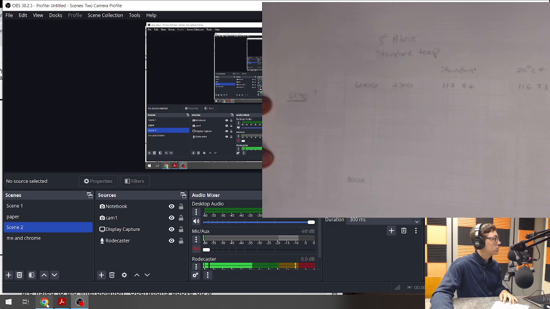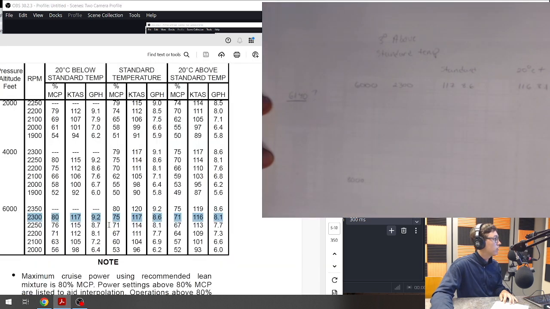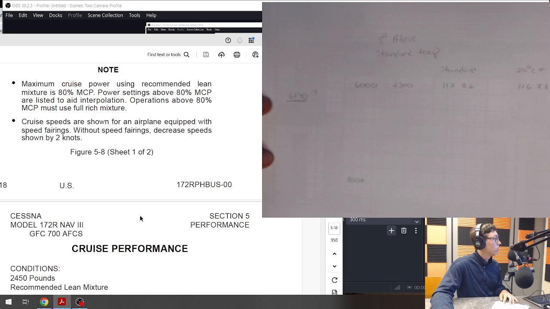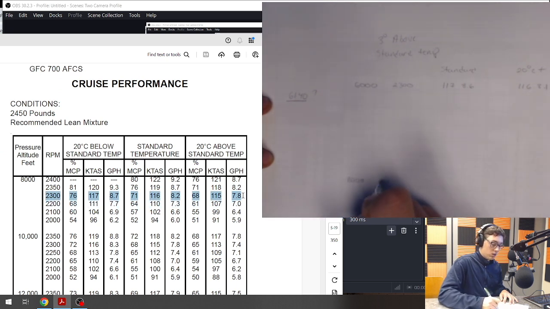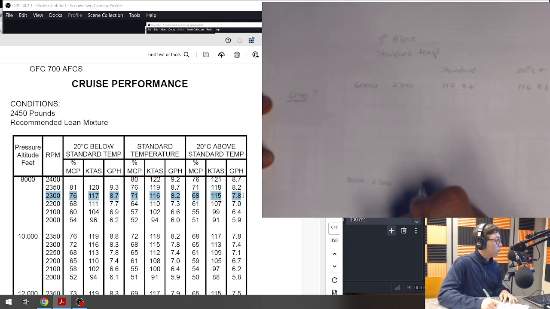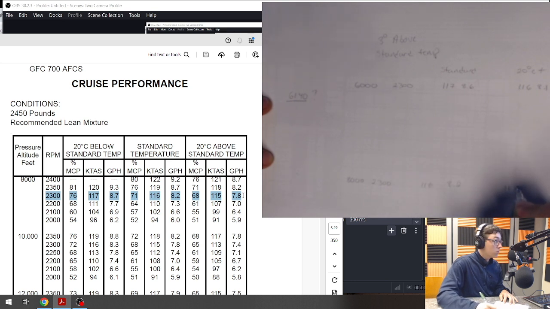Yep, perfect. And for that 8,000 range, that's what we're operating at: 2,300 RPMs, 116 at 8.2, and then 115 at 7.8.